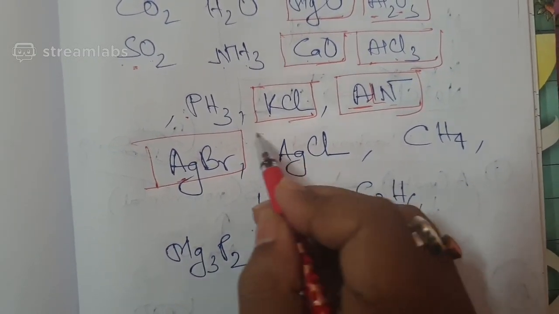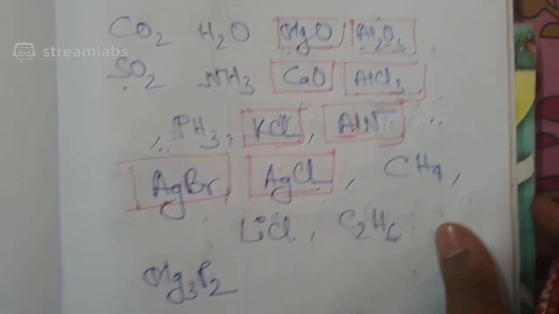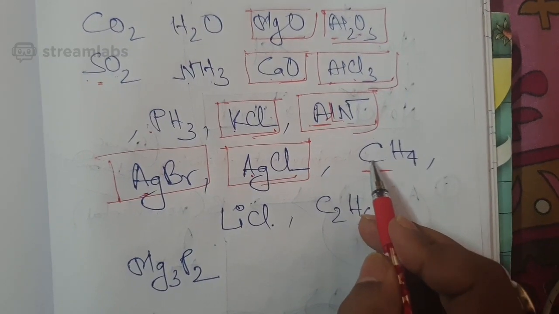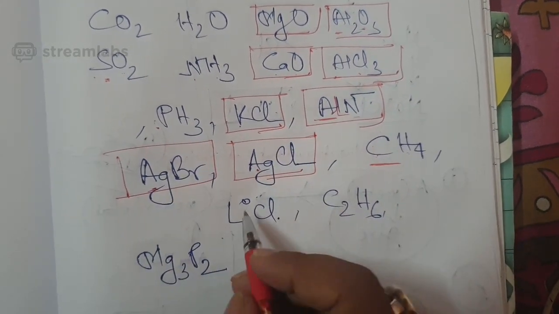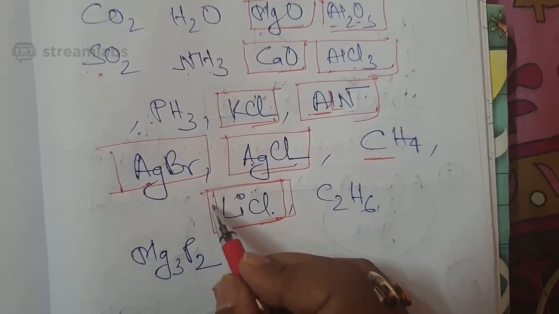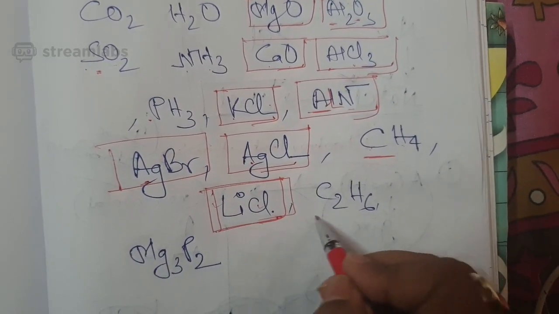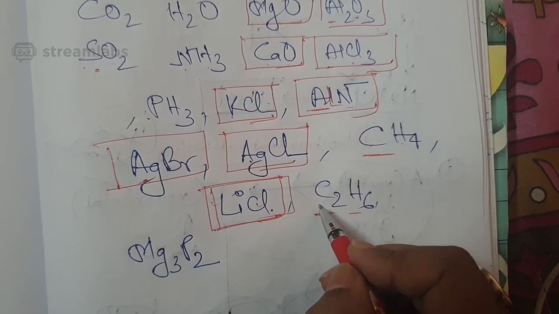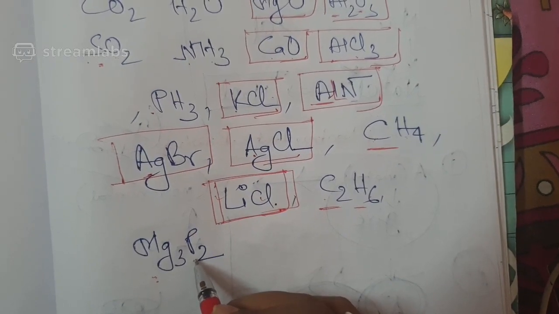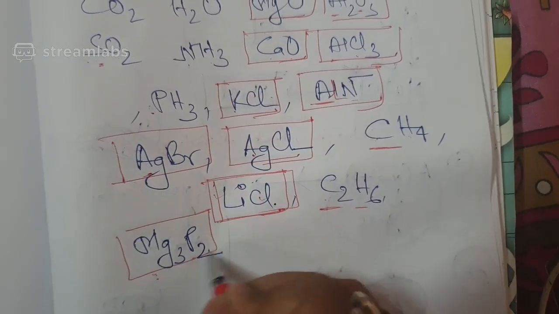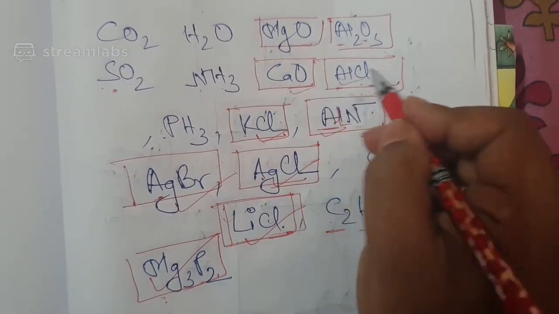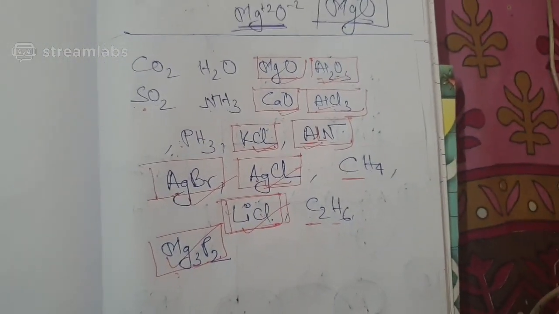Ag plus, Cl minus, non-metal. Carbon non-metal, hydrogen also non-metal. LiCl: Li is a metal, Cl is a non-metal. C2H6 is non-metal. Magnesium is a metal, phosphorus is a non-metal. So definitely these are electrovalent or ionic compounds, all the red marks. So how?